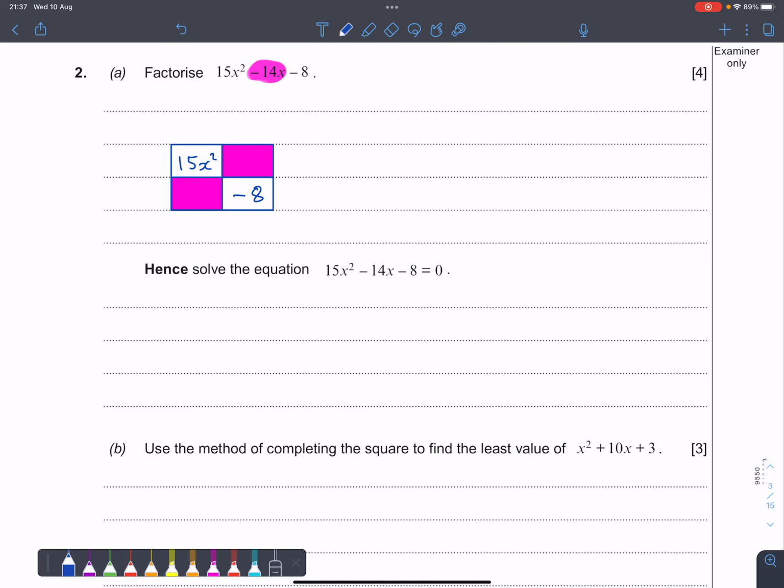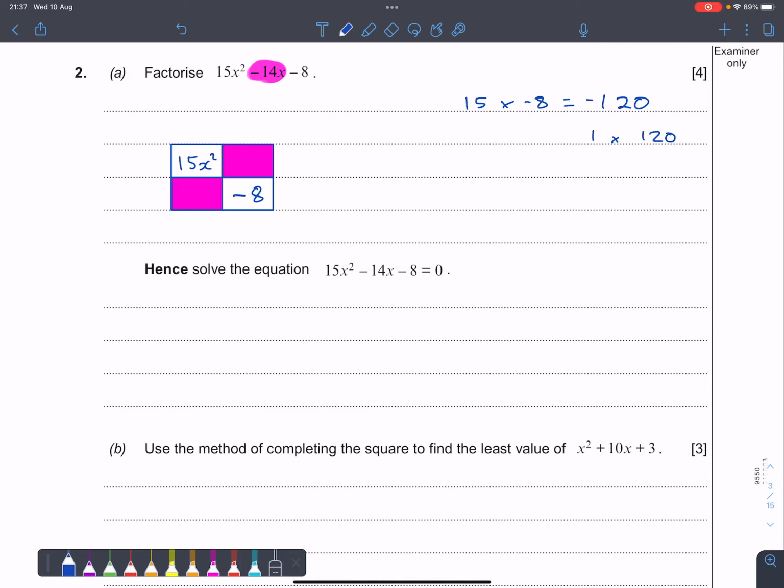So the way I do it is I multiply these two values together, 15 times negative 8. So that is 15 times 8 is 120. So I'm going to deal with 120 for the time being when I work out what multiplies to give us 120. So I got 1 and 120.